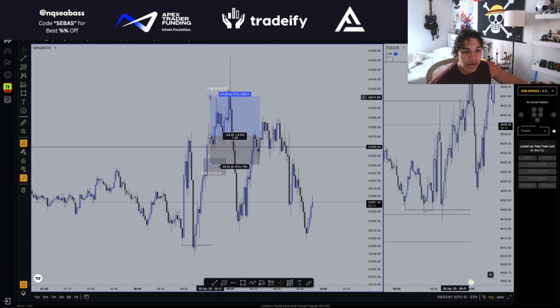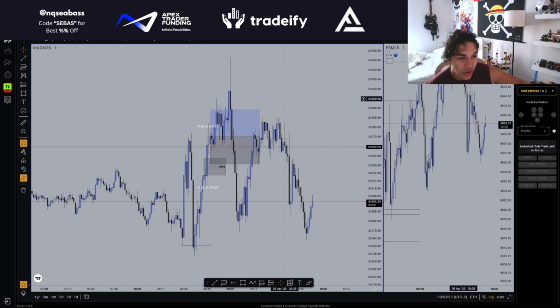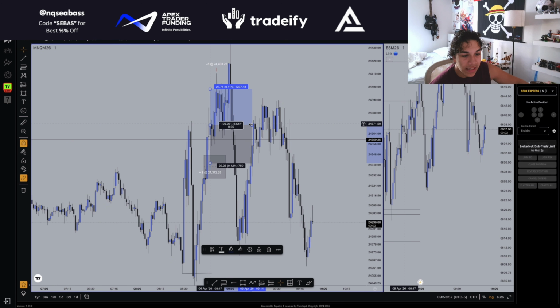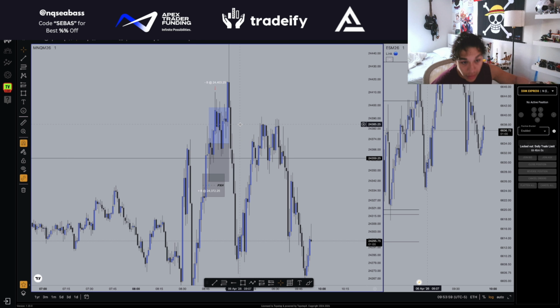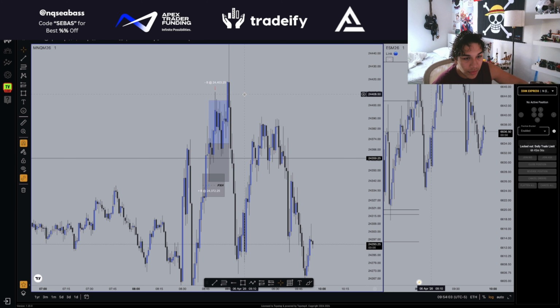My entry was right here, and I was targeting this 15-minute high. But I was also very patient, and I wanted to see the volume. So this was slightly negative RR until I moved my take profit slightly higher, which put me into positive RR. And I trailed my stop loss really tight right here.